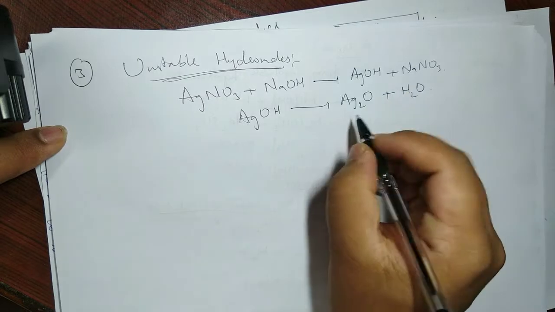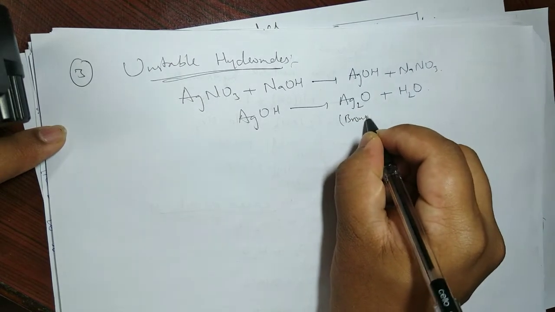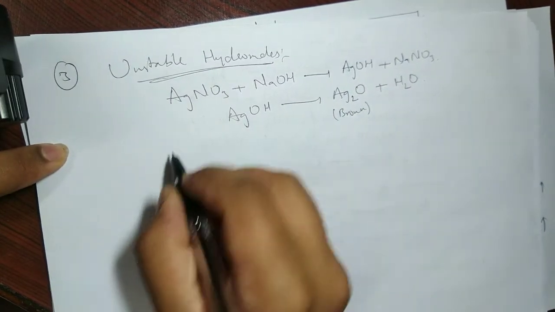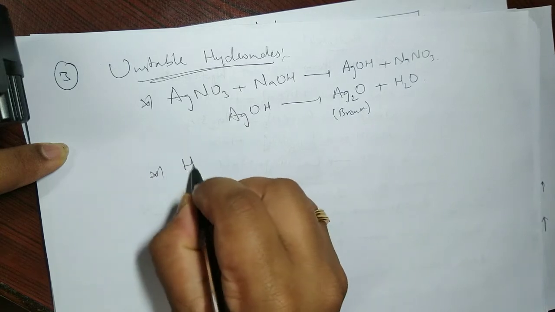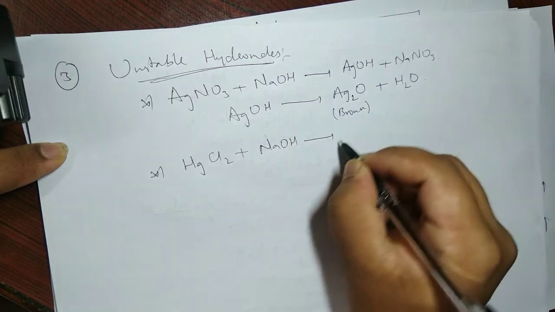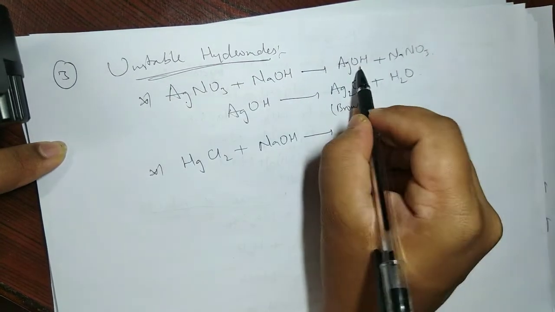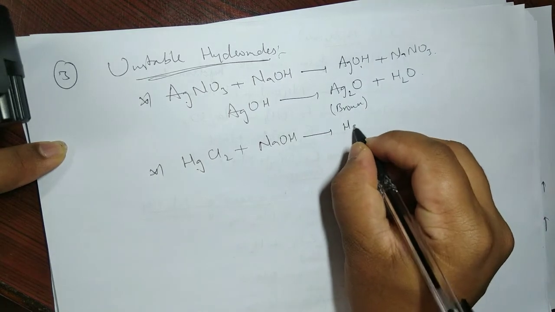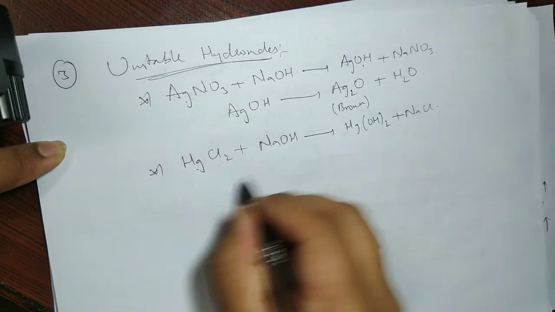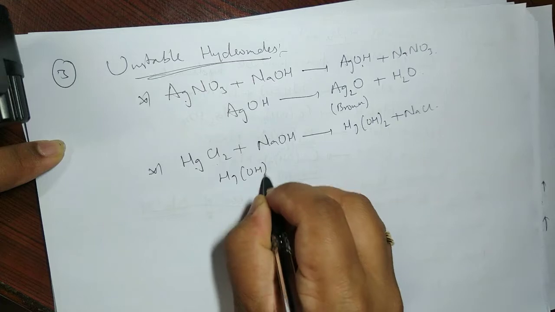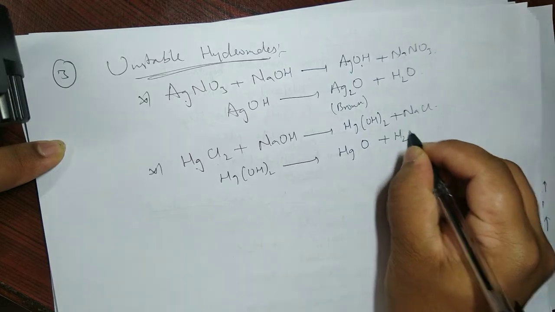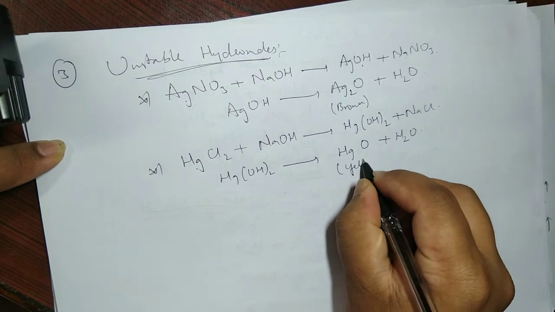Silver oxide forms a brown precipitate, correct? In 9th or 10th you should have studied about this silver oxide. Then the same way with mercury also. HgCl2 on treating with NaOH, what should form? Mercuric hydroxide, Hg(OH)2 plus NaCl, and this Hg(OH)2 will quickly decompose into water and mercuric oxide, which is yellow in color.